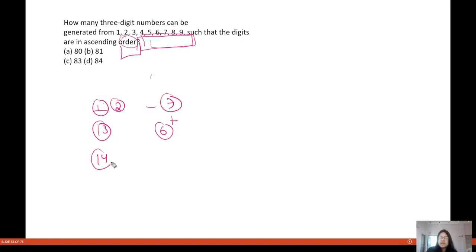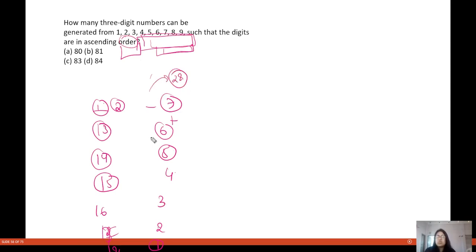If we are taking 1 and 4, then we can take from these 5 numbers. If we are taking 1 and 5, then from these 4 numbers. If we are taking 1 and 6, then 3 numbers. If 1 and 7, then 2 numbers, and 1 and 8, then 1 number. So this is 7 plus 6 plus 5 plus 4 plus 3 plus 2 plus 1. This will be 28. So this is one case.